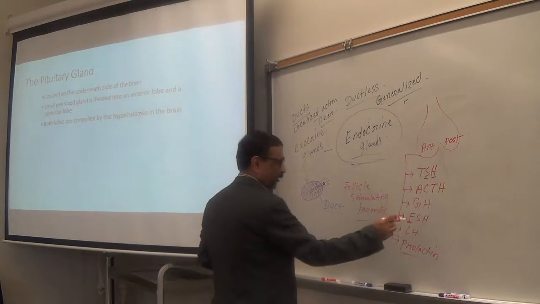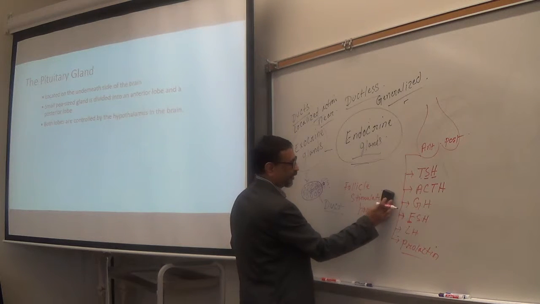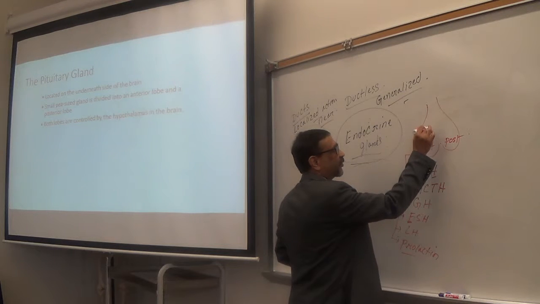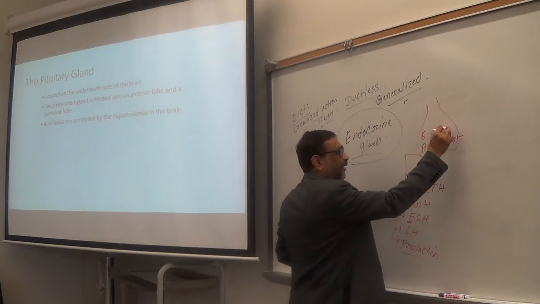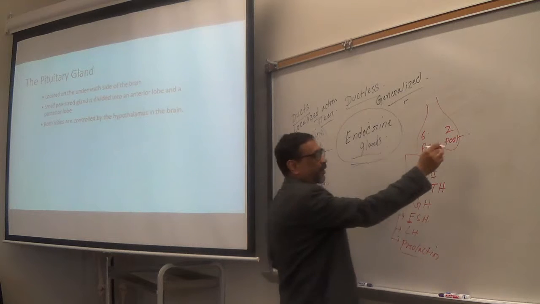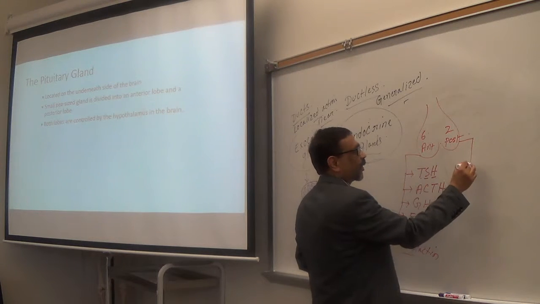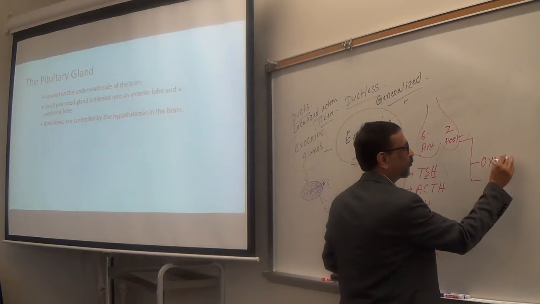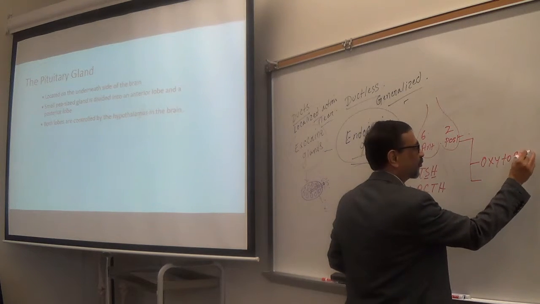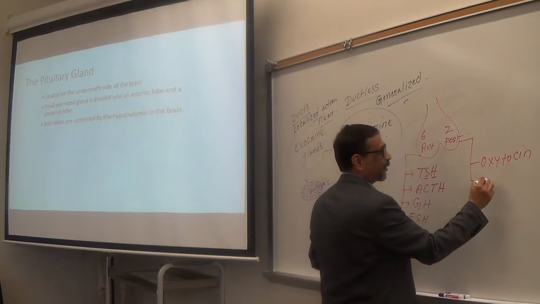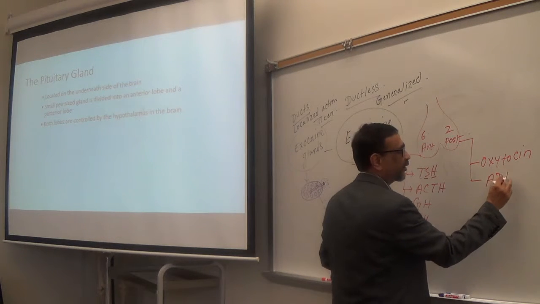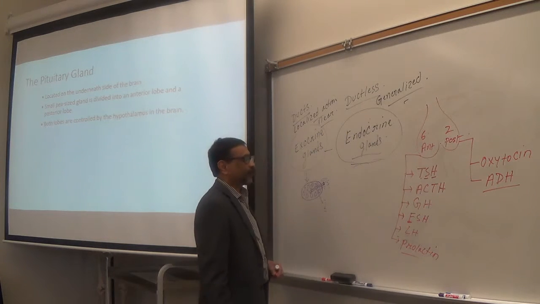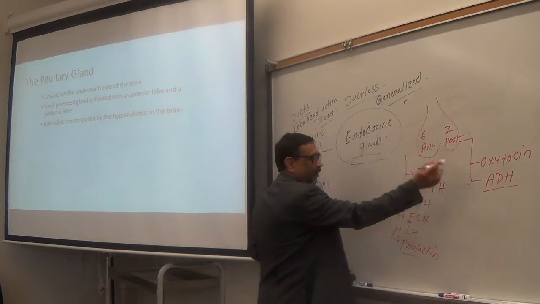So those are actually 6, not 7. Those are 6 anterior pituitary hormones. And the 2 posterior pituitary hormones are oxytocin and antidiuretic hormone, ADH.